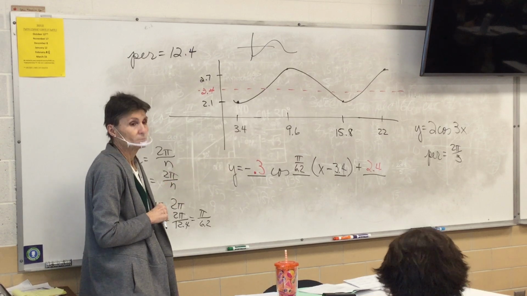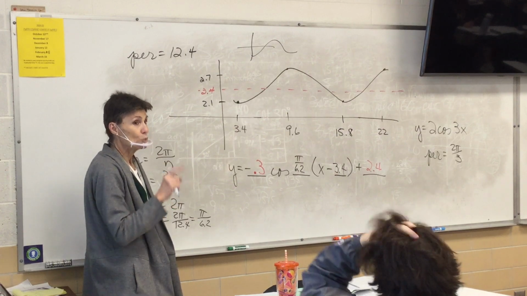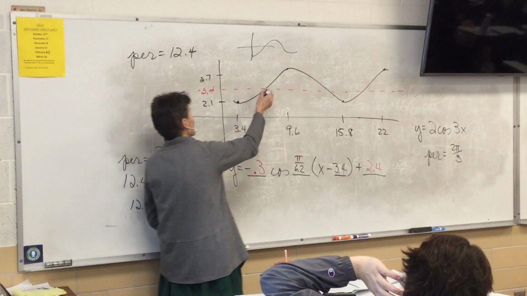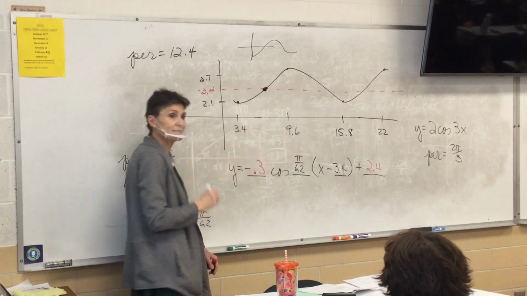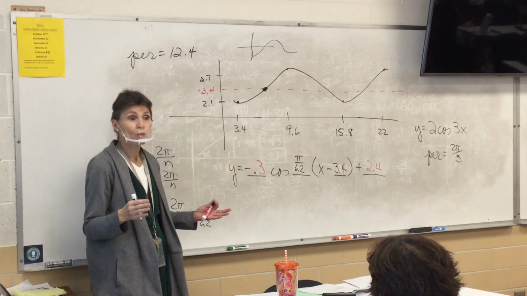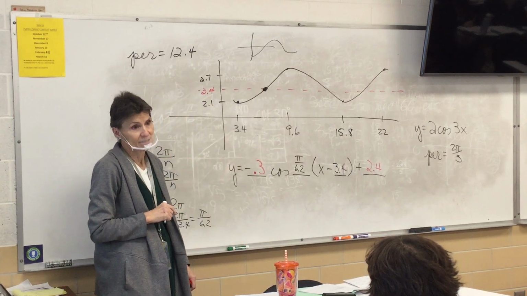Since cosine and sine are the same shape, could you make a sine equation for that too? You could make a sine equation, but you would have to start it right here. And since I don't know that point, could I figure it out? Absolutely. But since I don't know it, it makes sense to me to make a cosine curve, but you absolutely could make it a sine curve.